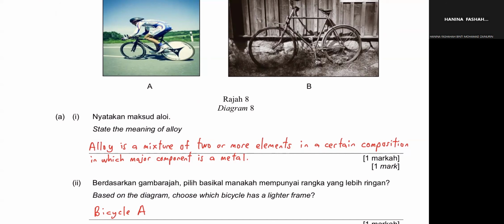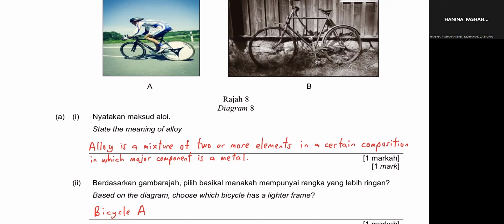Alloy, got six: steel, stainless steel, bronze, brass, duralumin, and so on. Bicycle. So they already gave a hint. Lighter bicycle. So what do they use?